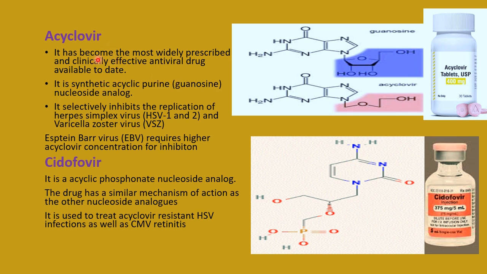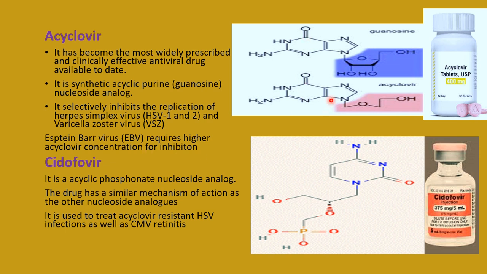Acyclovir has become the most widely prescribed and clinically effective antiviral drug available to date. It is a synthetic acyclic purine, that means an analog of the guanosine nucleoside, and it selectively inhibits the replication of some viruses like HSV, herpes simplex virus, varicella zoster virus, and even Epstein-Barr virus.